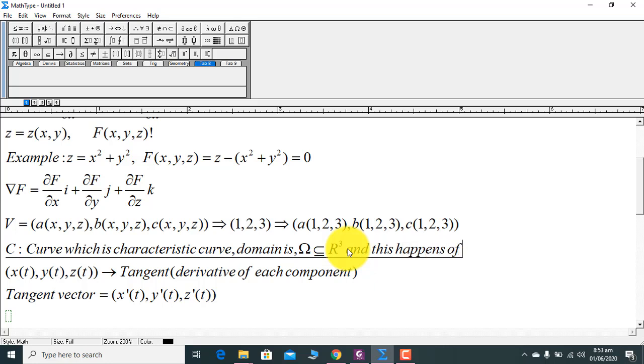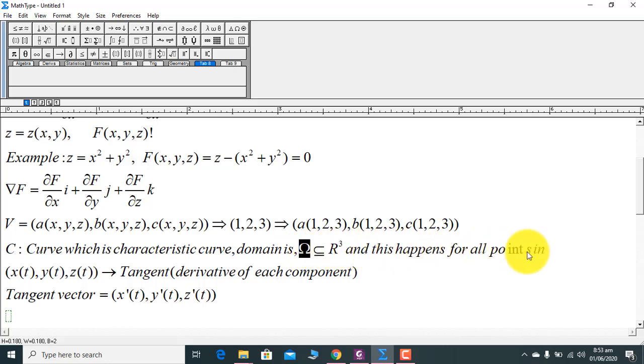then that particular curve is called a characteristic curve, because this curve describes the characteristics of your vector field.